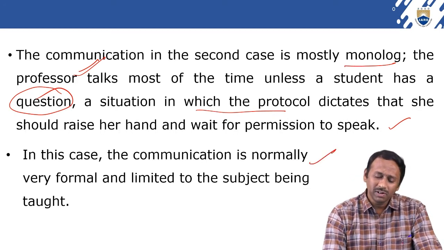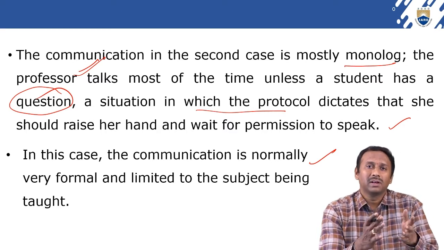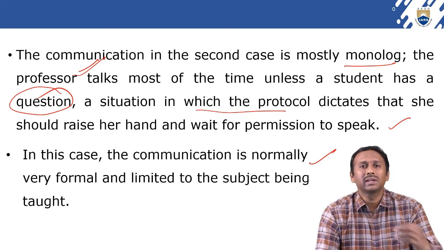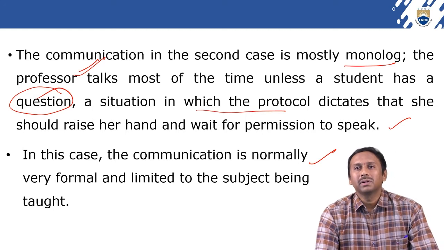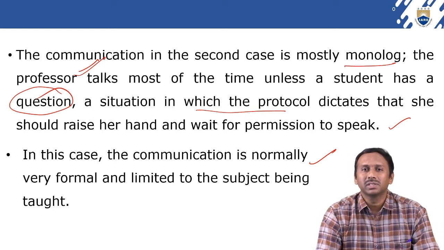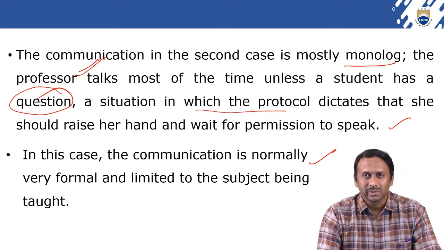So obviously, when we are discussing one particular concept, the professor is going to discuss only technical things related to the subject. The language and the discussion will be very polite and limited to the subject only.